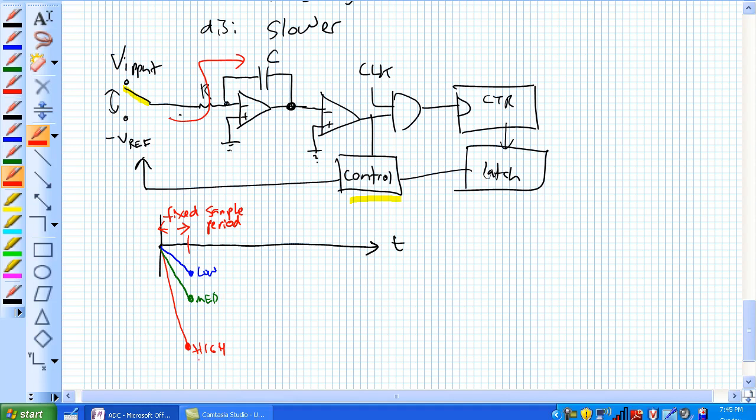Now we go ahead and switch to our known negative VREF. Okay, now if it's a known voltage, whereas previously this was a varying voltage, whatever V input would be, it's going to change its slope. If it's a fixed voltage here, that means it's going to be a constant slope for discharge.